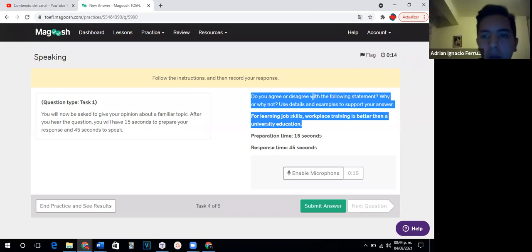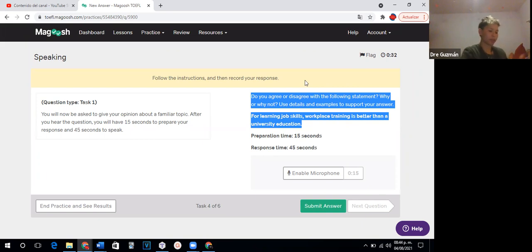Do you agree or disagree with the following statement? Why or why not? Use details and examples to support your answer. For learning job skills, workplace training is better than a university education. You have 15 seconds to prepare. Okay, your 15 seconds start now.